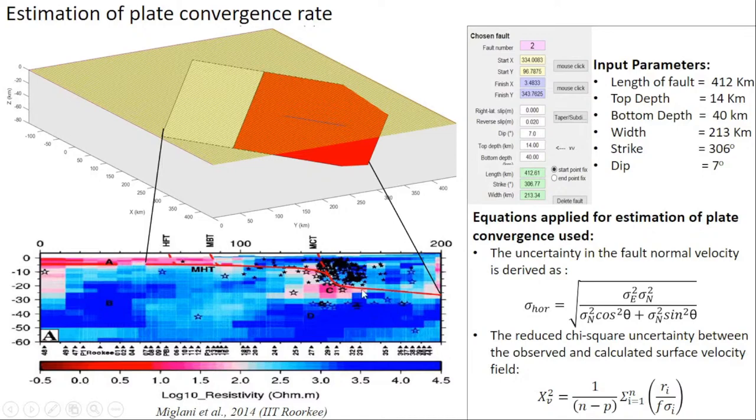Whatever strain accumulation is going on is being released in the form of microseismicity, very clearly depicted by this crustal structure derived through magnetotelluric data.